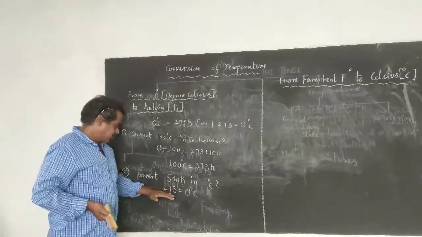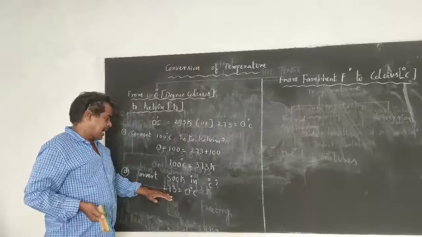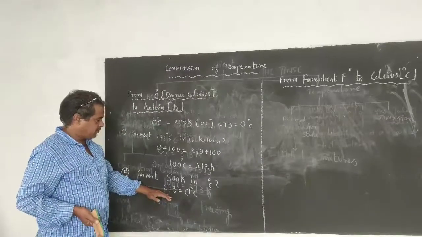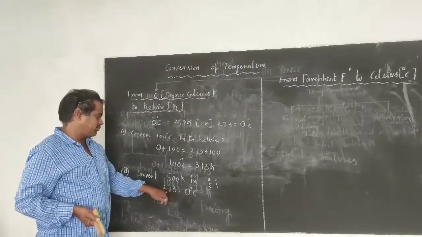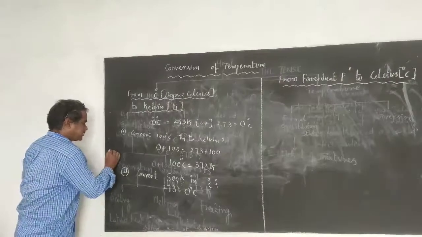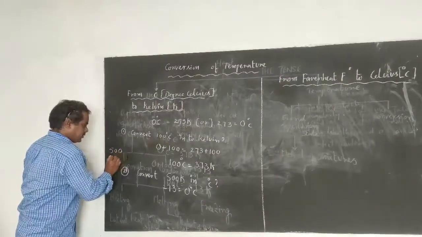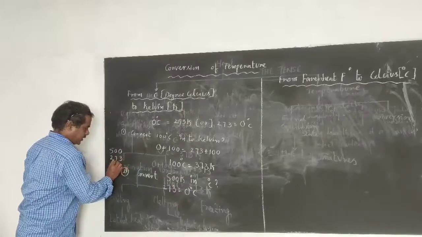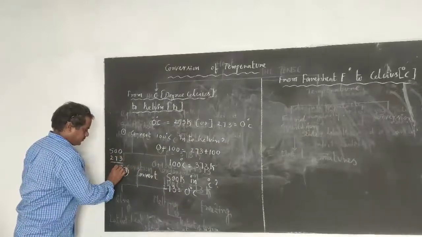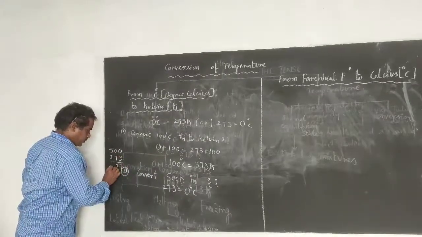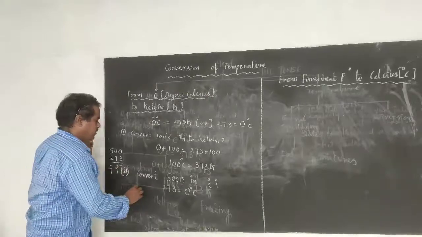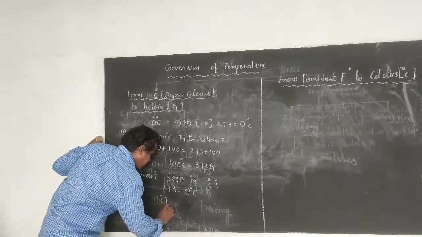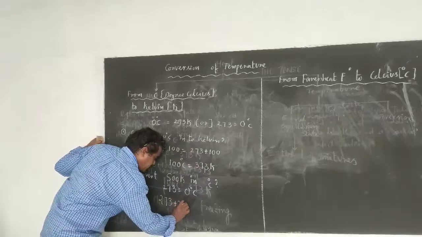To get 500 on the left side, how much do we have to add to 273? To find that number, subtract 273 from 500. We get 227. So add 227 on both sides of the equality.